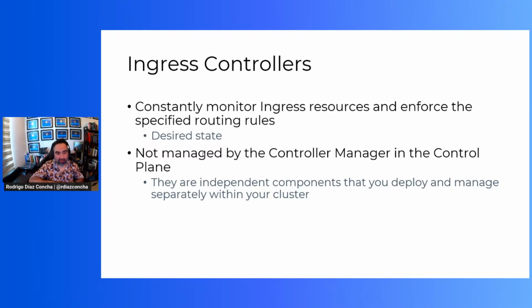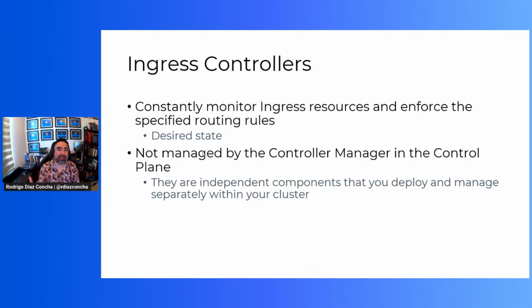And this is particularly interesting because the Ingress controllers are not managed by the controller manager in the control plane, just as I'm mentioning right now, because they're not part of the primitive types. They're not part of the basic components that Kubernetes has, right? So Ingress controllers are independent components that you deploy and manage separately within your cluster, okay?